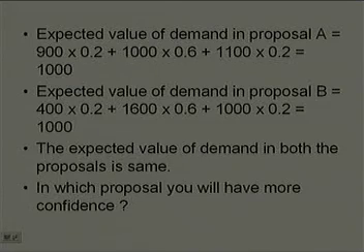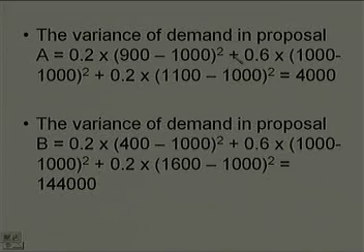Now we would like to calculate the variance in demand for proposal A as well as for proposal B. So the variance of demand in proposal A is given by 0.2, which is nothing but the probability, multiplied by 900 minus 1000. 900 is the value of demand and 1000 is the expected value, square of it, plus 0.6 into 1000 minus 1000. 1000 is the demand and 1000 is again the expected value.